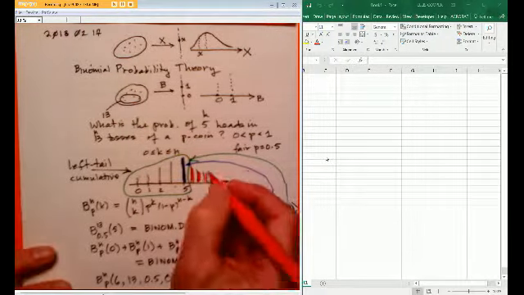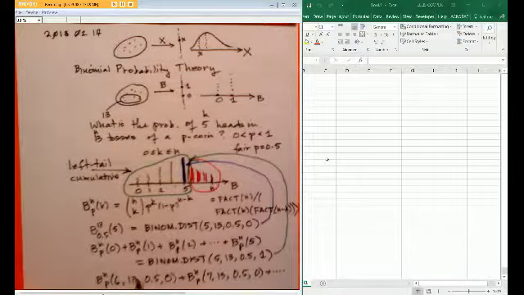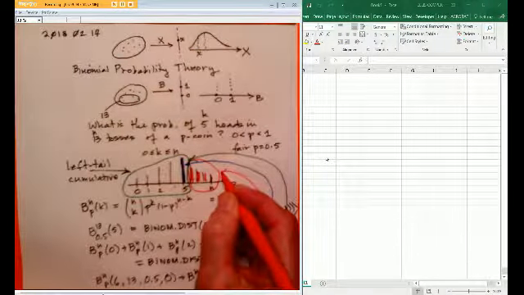If you want to calculate this red part, the right tail cumulative probability, you can use the left tail probability because you know that the sum of all the probabilities is equal to 1.